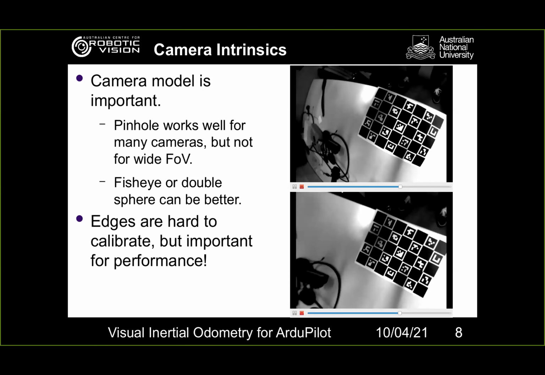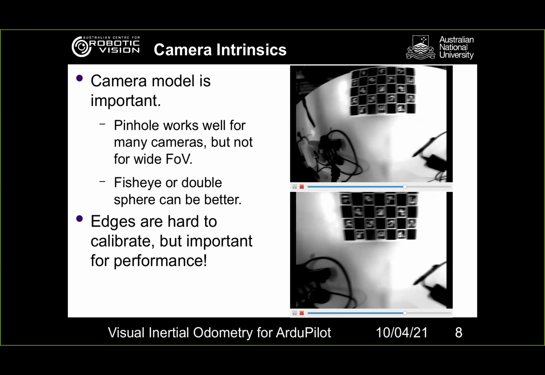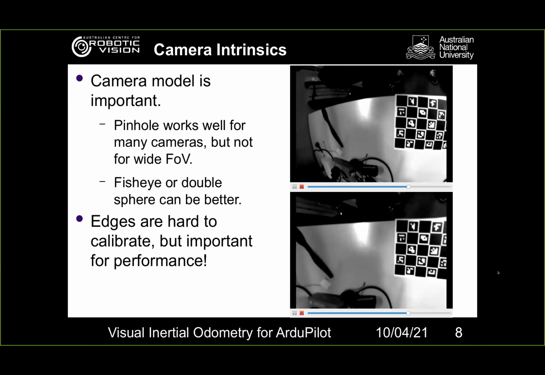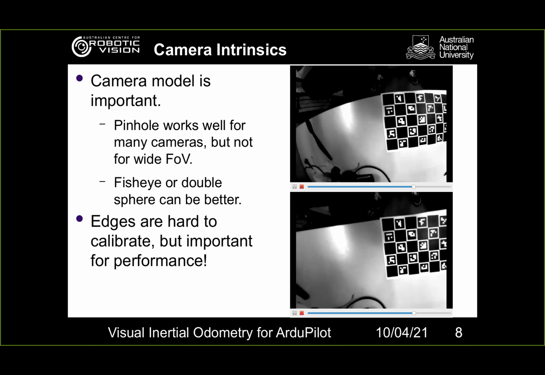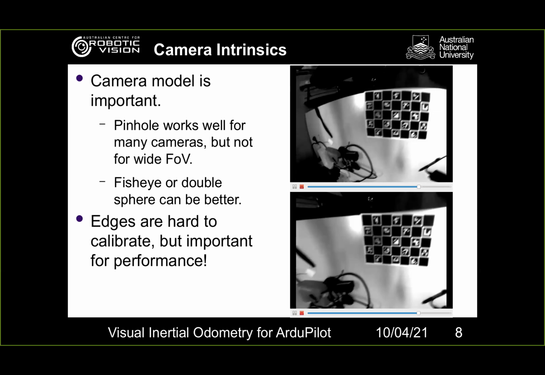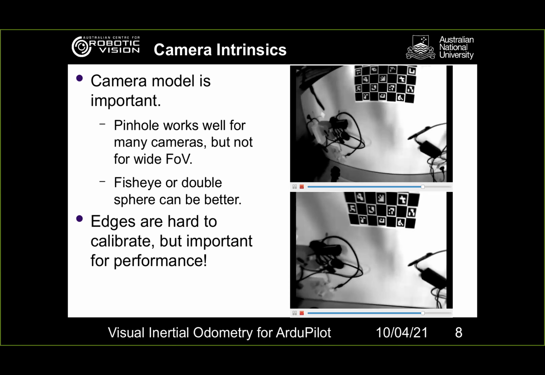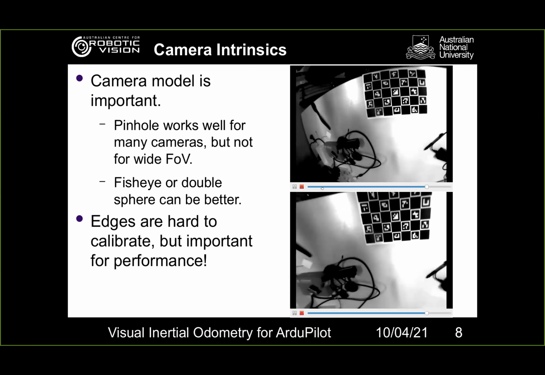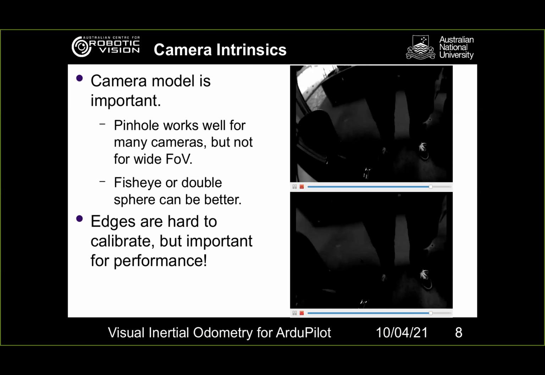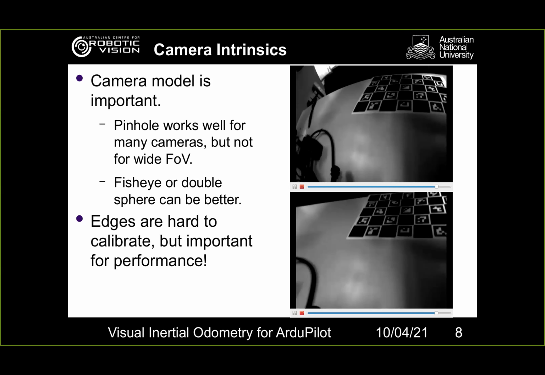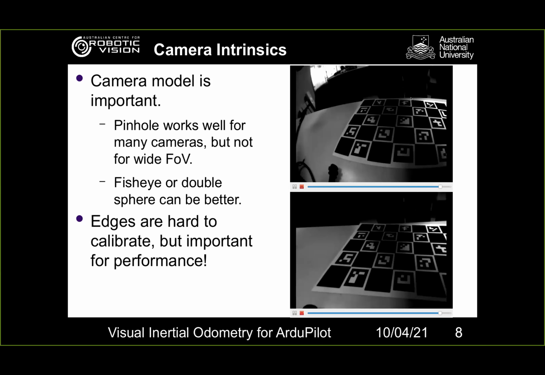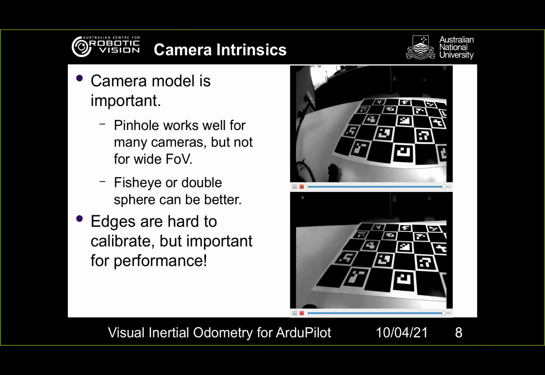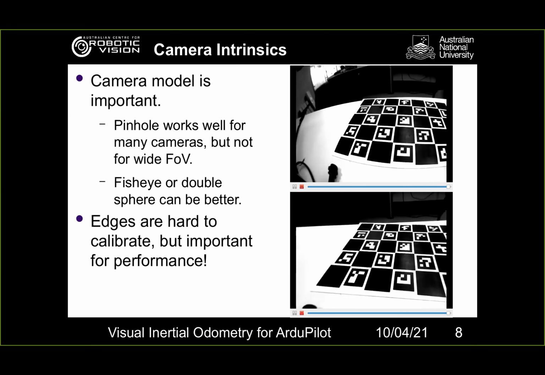One of the problems is that the pinhole camera model, which is what we decided to use in this case, works very well for the center of the image and not so well for the outside. You can notice as well that the bottom image actually cuts off a lot of the information around the edge of the top.